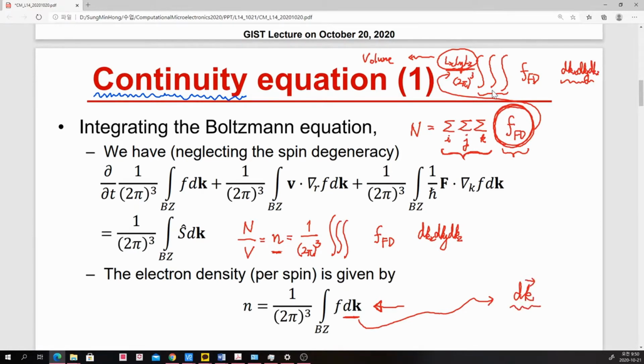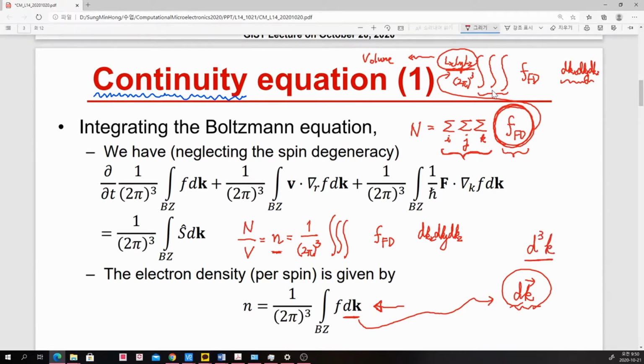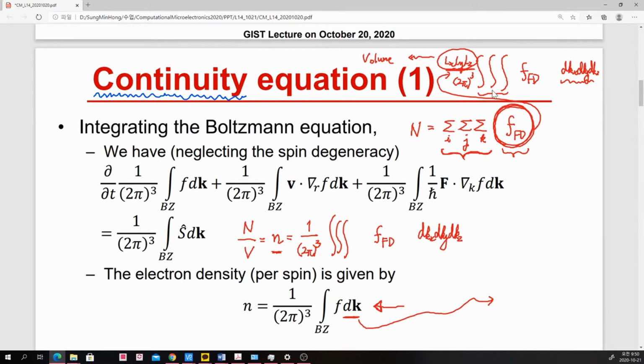So this is not a vector at all. A more reasonable way would be, for example, d3k. Maybe that would be more frequently adopted, but please think that this integral dk is just a shorthand form for this notation.